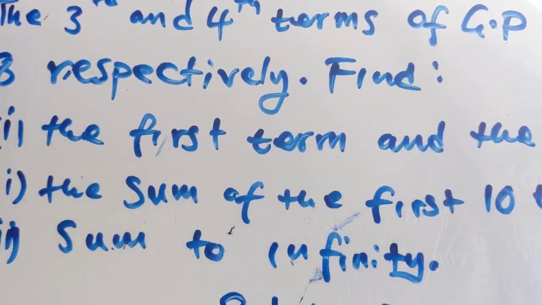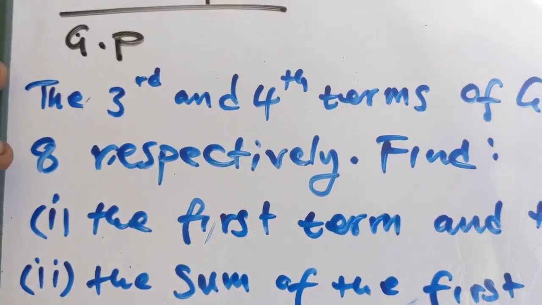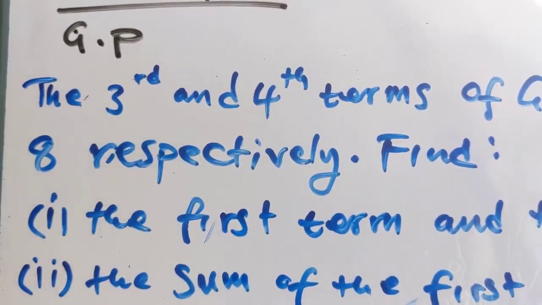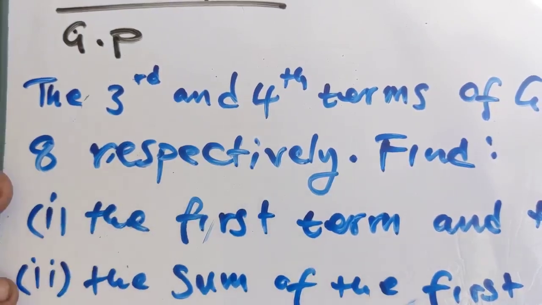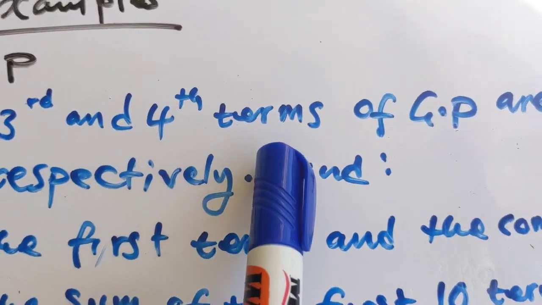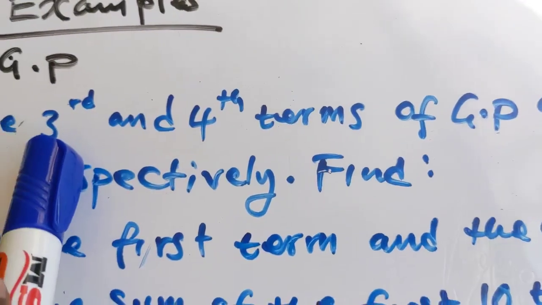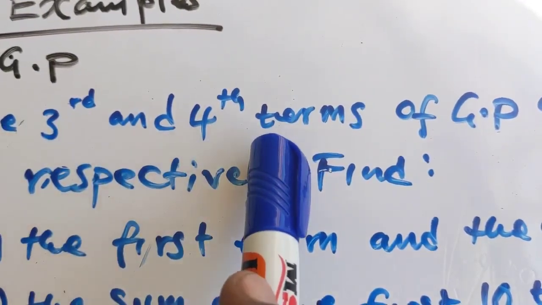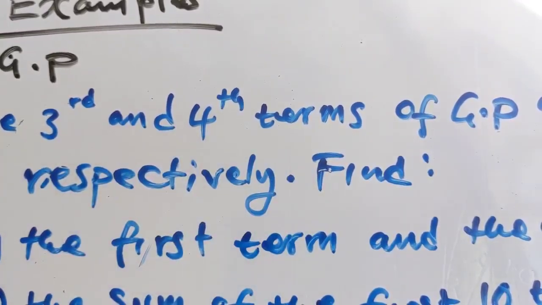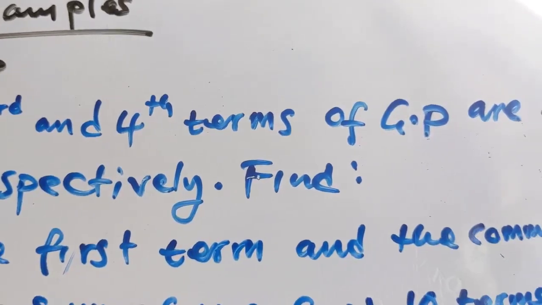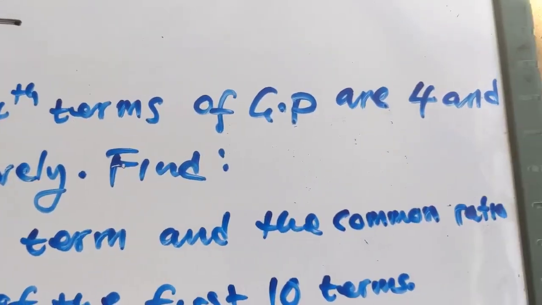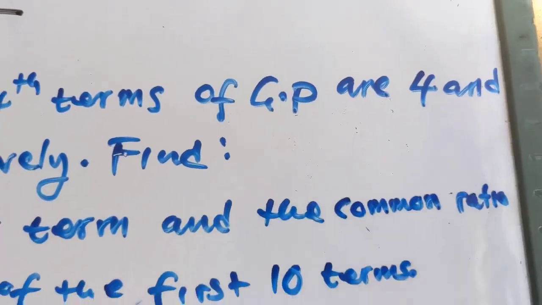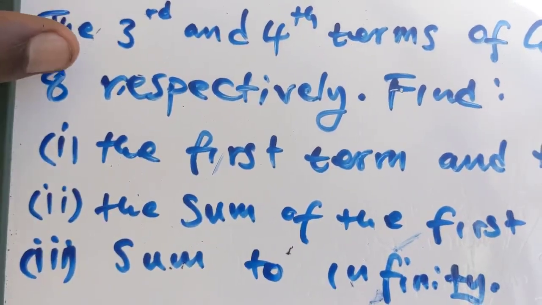So the question is actually telling us that the third and the fourth terms of the GP are 4 and 8 respectively.